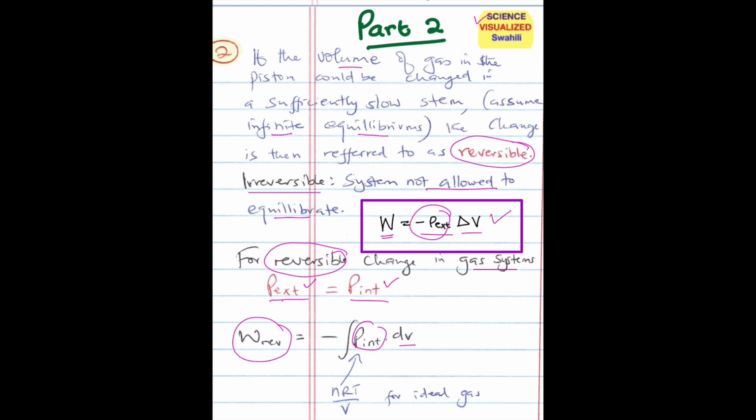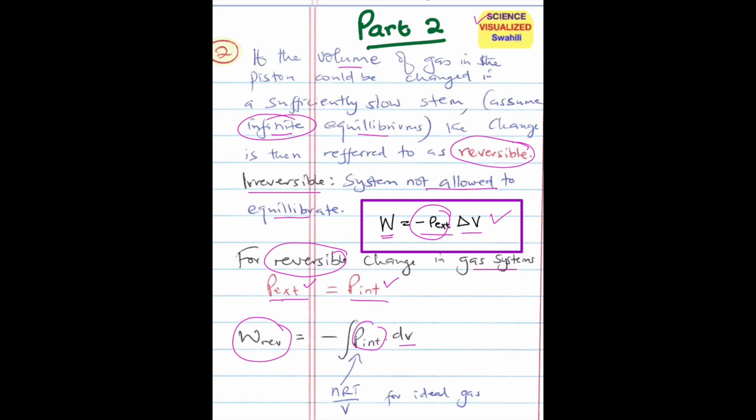But now we are looking at a small amount of work, and therefore we have to integrate. That integral sign means that we're counting the total work done, which is actually an accumulation of all the small infinite equilibriums.